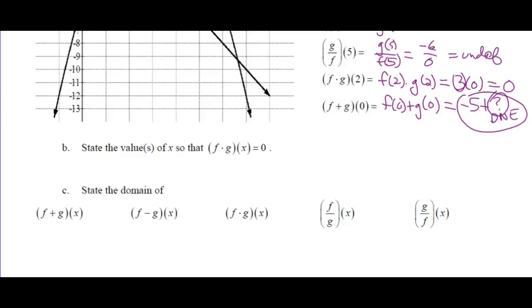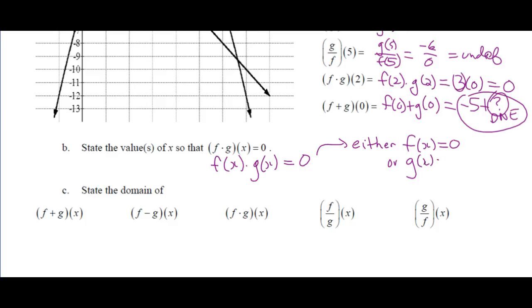State the values of x so that f times g of x is equal to 0. Think about it. This means f of x times g of x equals 0. So what does that mean? Either f of x is equal to 0 or g of x is equal to 0.